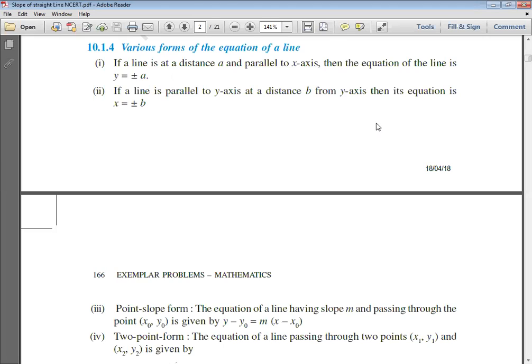So ultimately we must be familiar with different types of equations of straight line, because from the equation we can have its graphical existence. When an equation is given to you, it is possible to construct a line on the graph paper. Without an equation, you cannot construct a line; you can just simply draw a line, no problem.